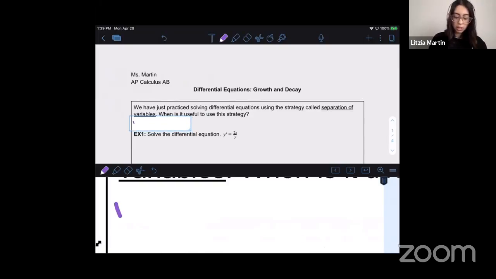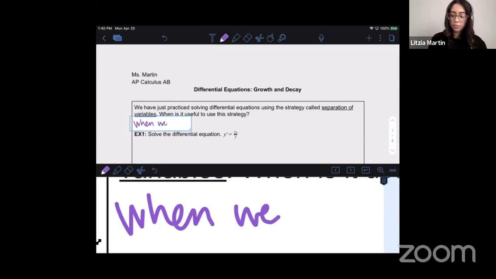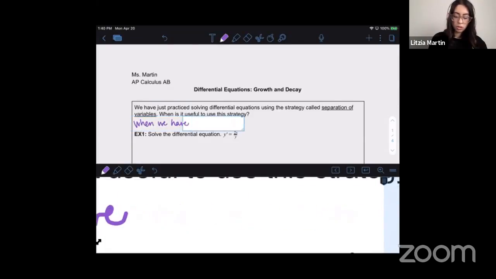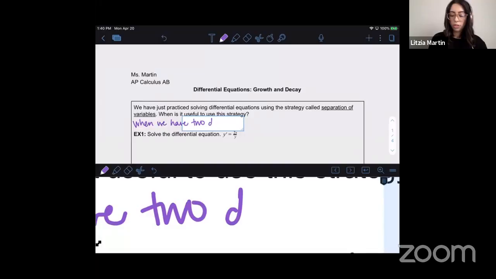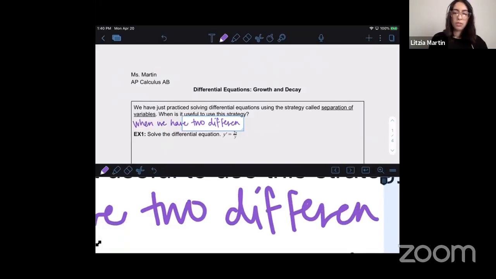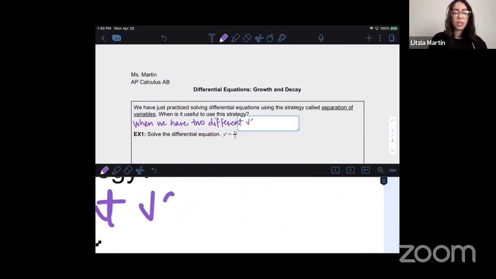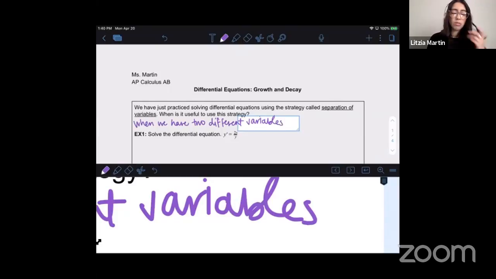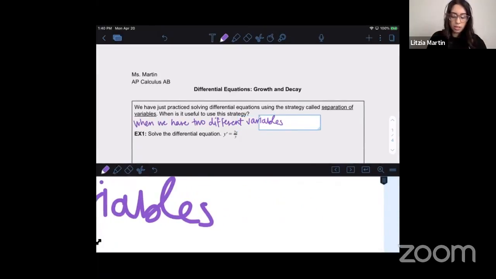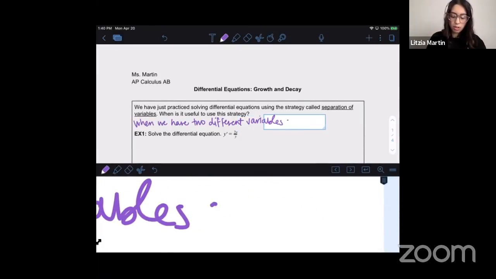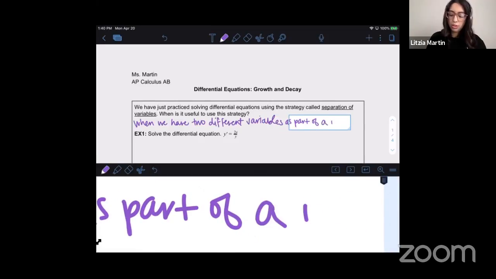It's when we have two different variables. So sometimes we say both x and y, because those are often the variables that we use, but it's not always the case, right? We can use any kind of variables we want. So I'll just say we have two different variables as part of a rate.